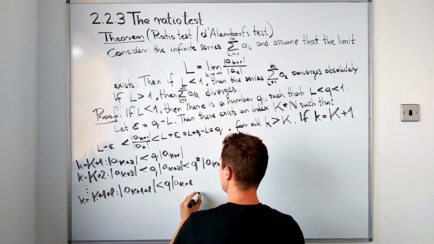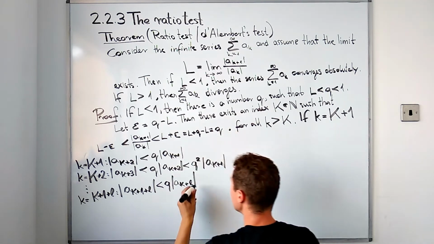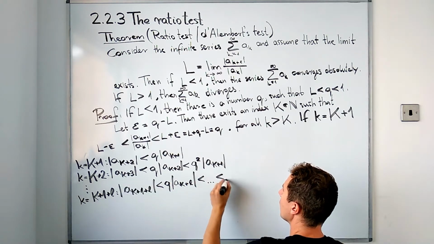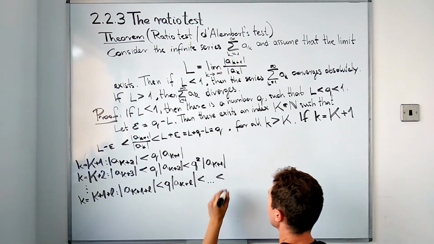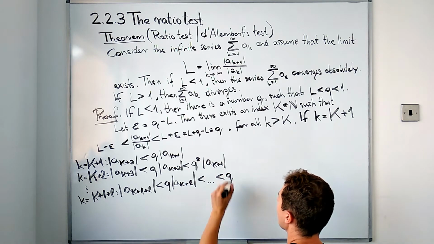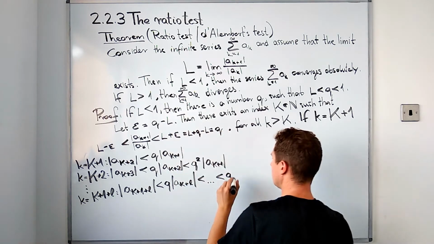The previous term is the capital K plus L term, and then we can keep doing this process of giving upper bounds until we reach the Q to the L minus first power.